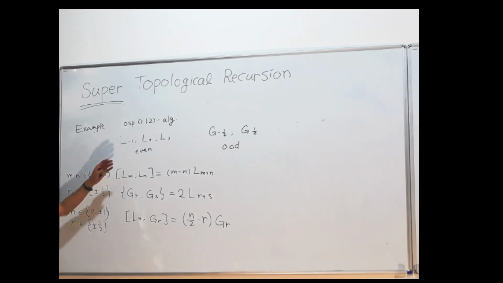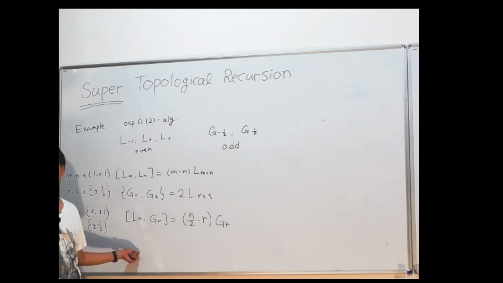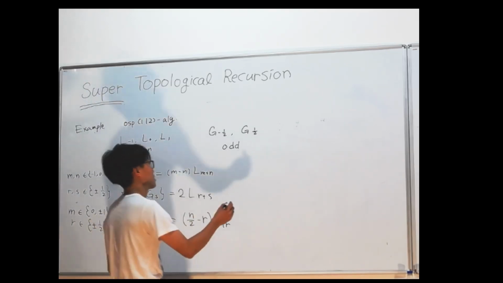So you can think of this OSP(1|2) as a super Lie algebra, whose generators satisfy this super commutation relation. I'm not defining generally what a supersymmetry algebra is, but this is an example of a super Lie algebra.